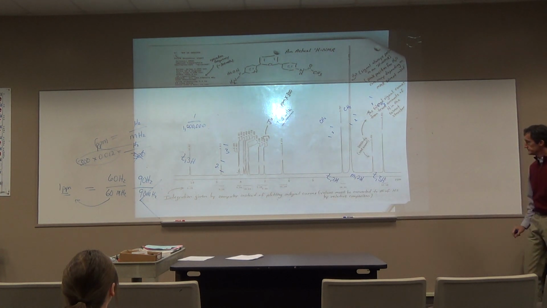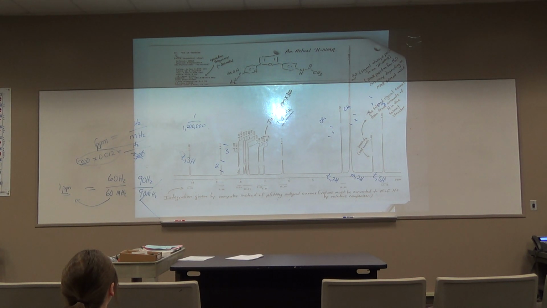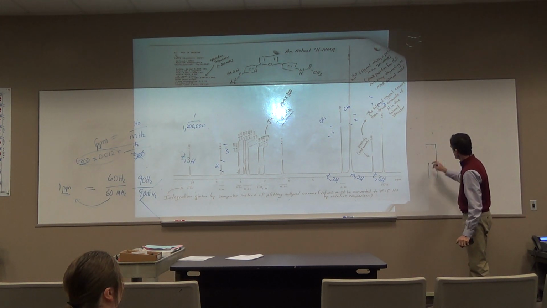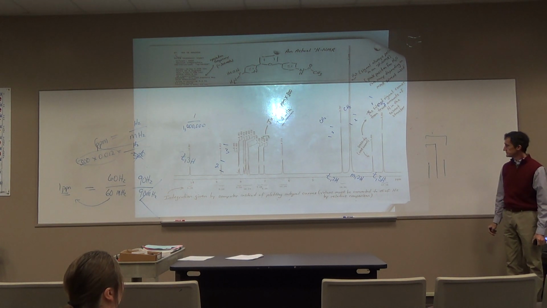Other questions about NMR? Would we ever have to determine the J value on a triplet? Theoretically you can, but I would just do doublets. With a triplet, you've got 3 lines, and so theoretically you could do two J values. You can just do the J value between here and here, or between here and here.